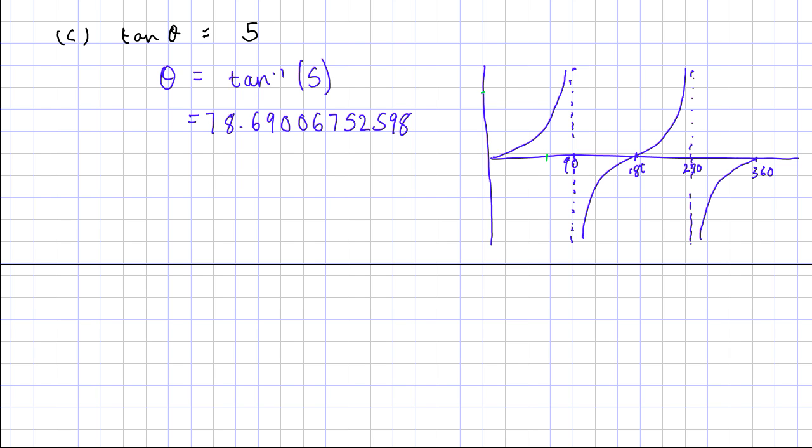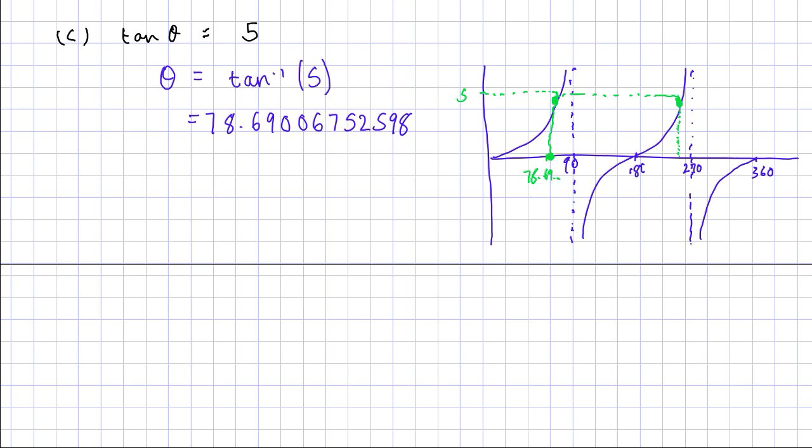So I can say that this is 5, and if I come down to this point here, I have that point there, and this is 78.69 and goes on. So there's this value, and also another value I can see between 0 and 360 that will also give me 5 when I do tan of it is here. So I'll mark that one as well.